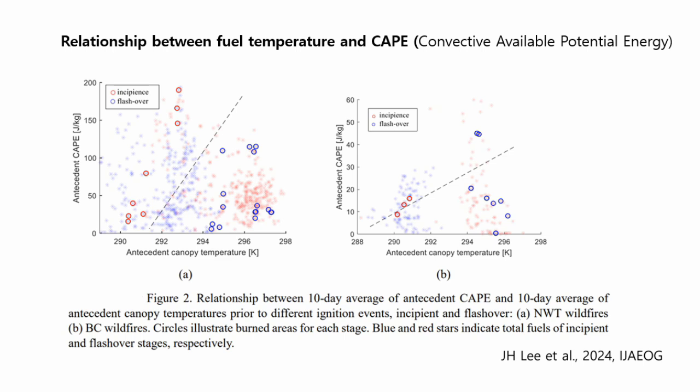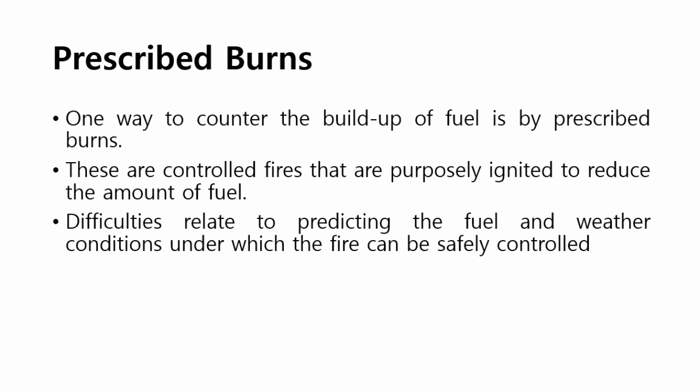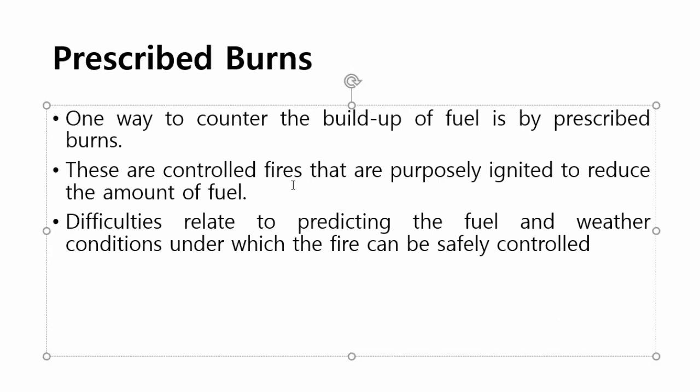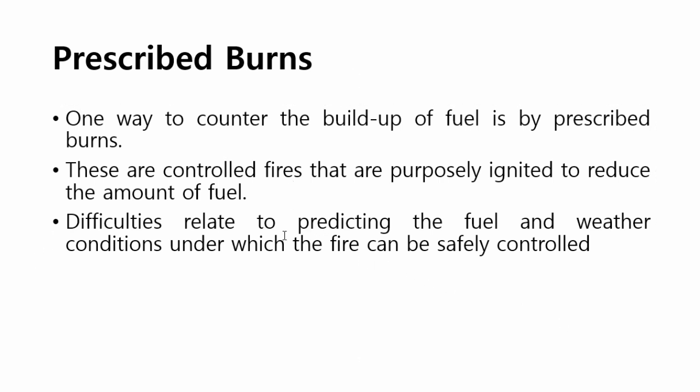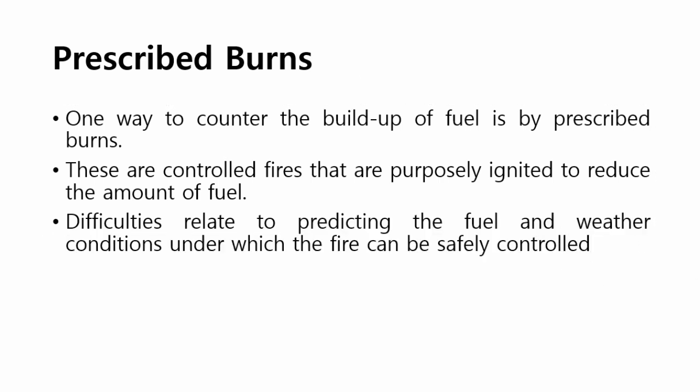However, if the pixel shows low temperature, it's safe to burn, and it's unlikely to escalate to destructive wildfire. So this kind of information and satellite data can resolve these concerns about whether a prescribed burn will become a destructive wildfire or not.